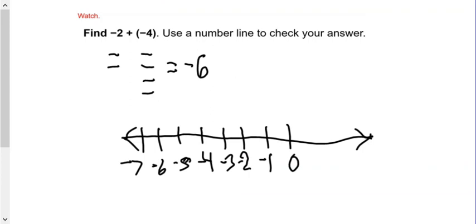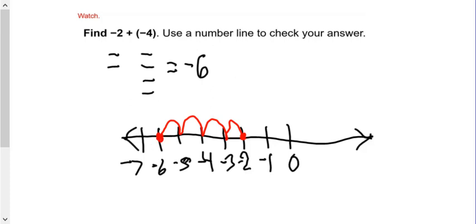Okay, so we're going to start at -2, which is right here. Let's use a different color here. Okay, and then we're going to add -4 to that -2. So if we're adding a negative, we're going to move to the left. So on our number line, we're going to add 4 negatives, so there's 1, 2, 3, 4, and we end up at negative 6.